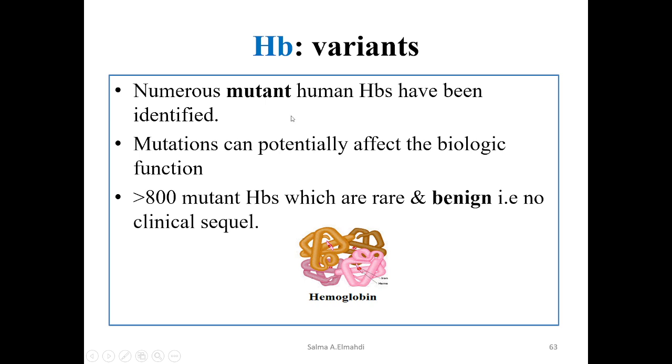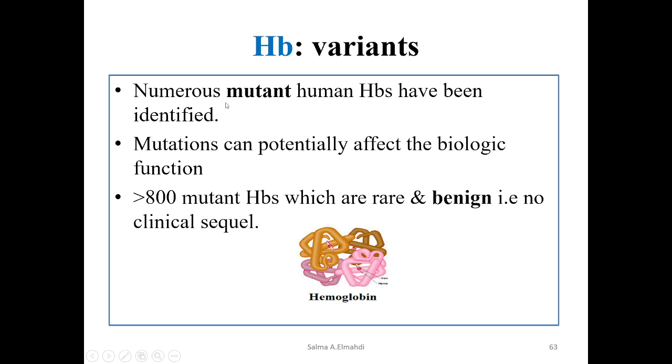Hemoglobin variants. Numerous mutant hemoglobins have been identified. Mutations can potentially affect the biologic function. More than 800 mutant hemoglobins are rare and benign, so they have no clinical sequelae.